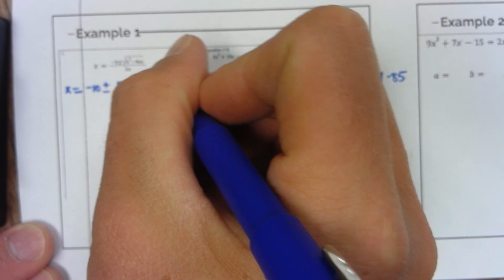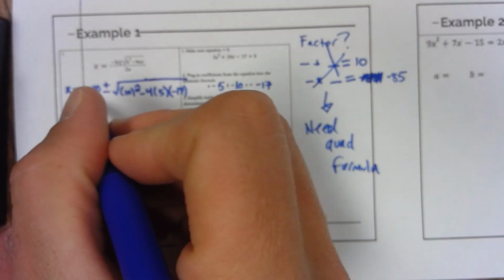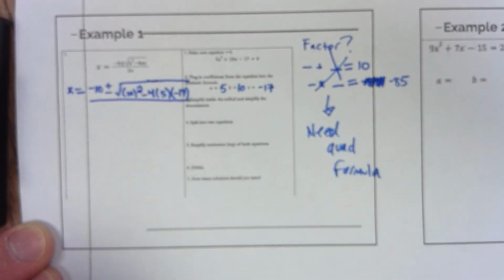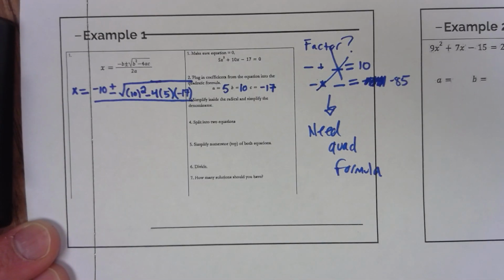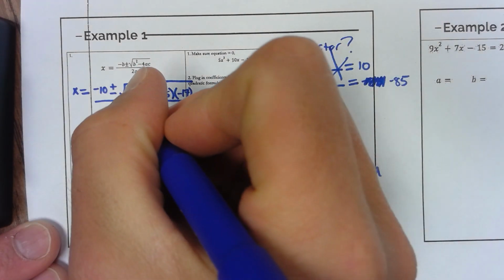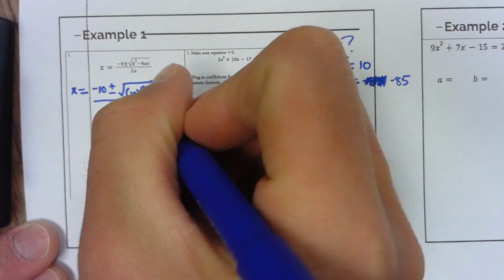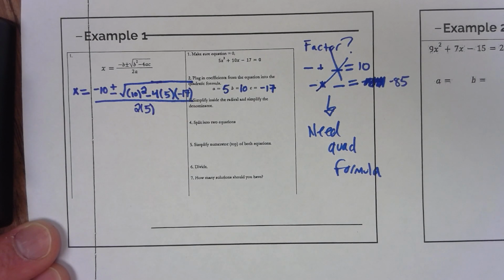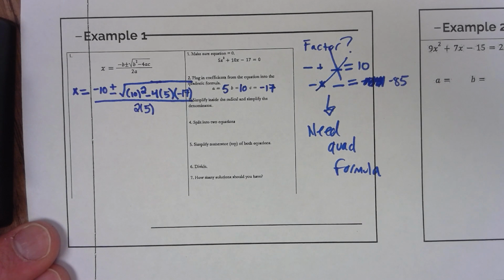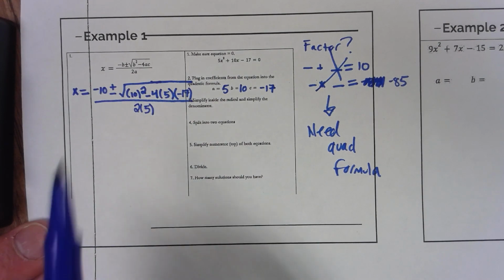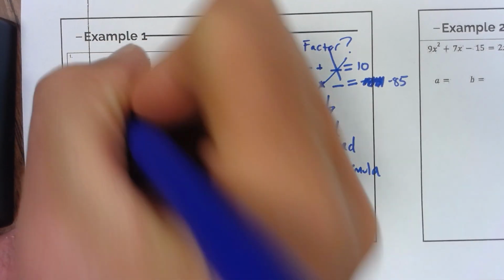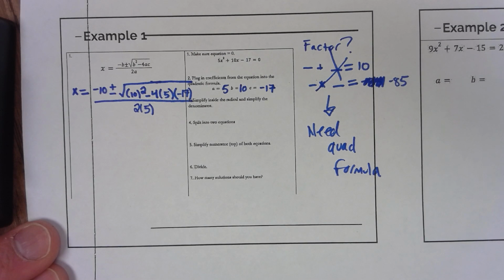And know that we're square rooting all of this. Then our denominator is 2 times a, which is 2 times 5. Again, use of parentheses there makes a really big difference. In fact, I probably should have used parentheses around that 10, but they don't make much of a difference.